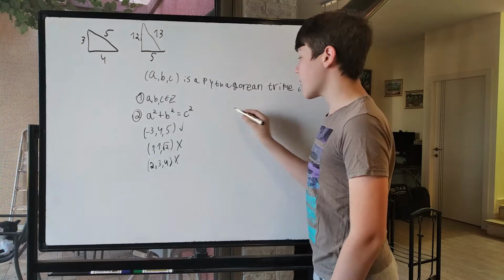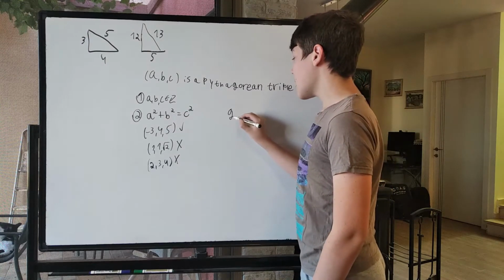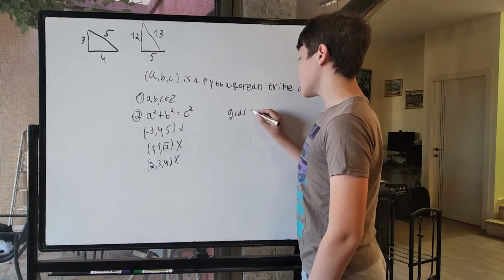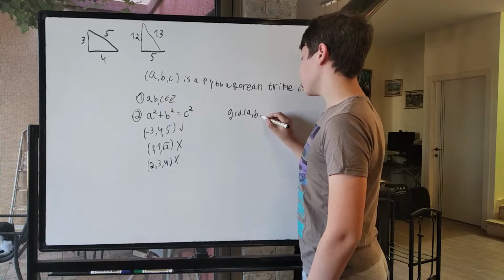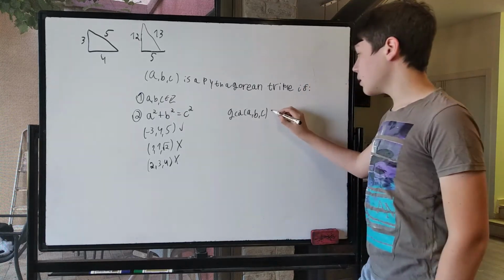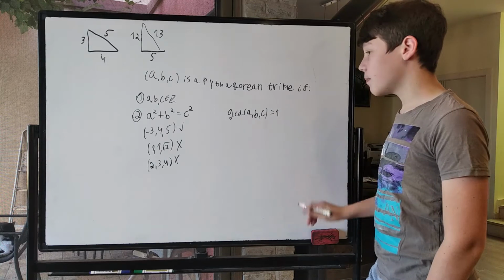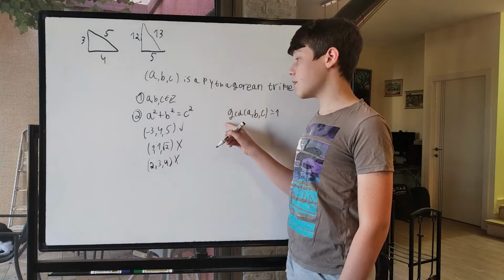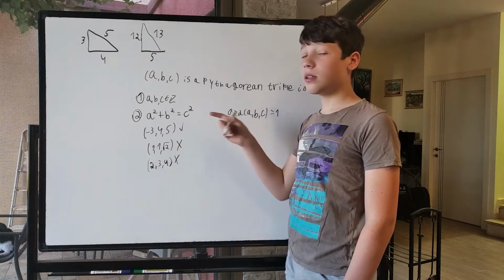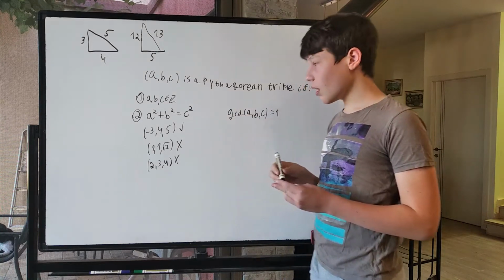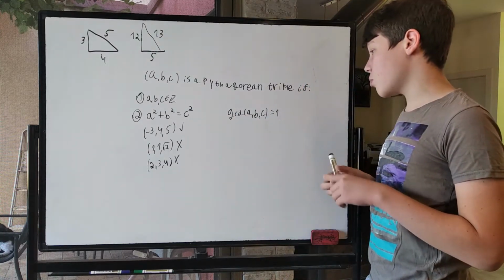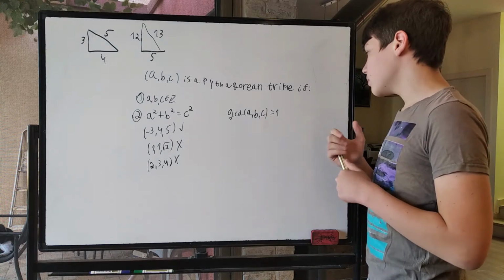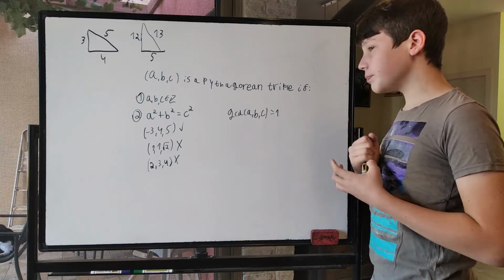It's first of all a Pythagorean triple, and it also satisfies that the GCD of A, B, and C is 1. So if this is happening with both of these, then that does work.